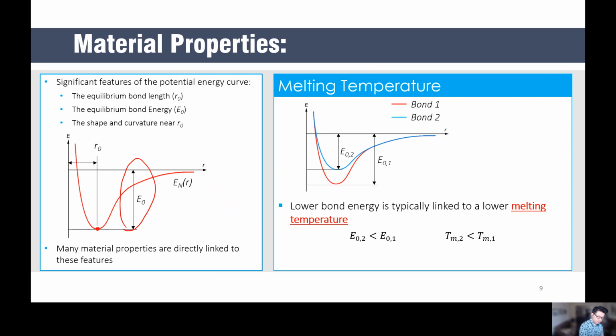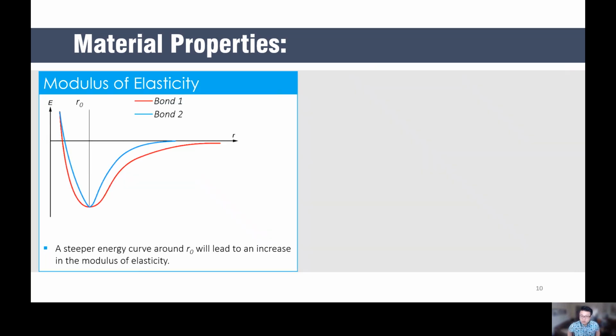And so material system 1 has a higher melting point than material system 2. So this is one material property that we can infer from this simple curve, which is called the atomic potential curve.